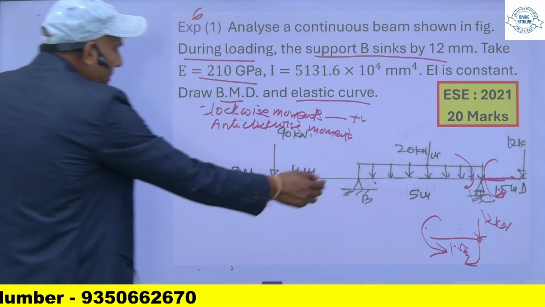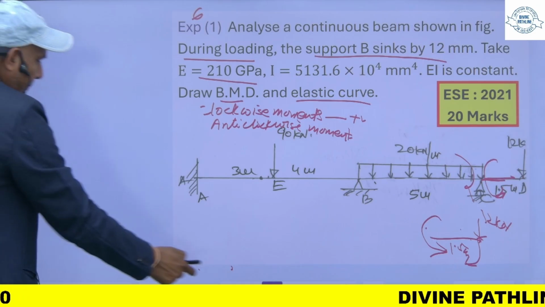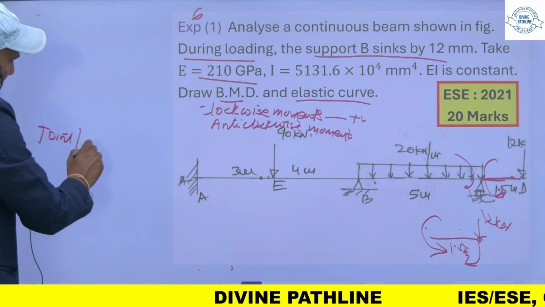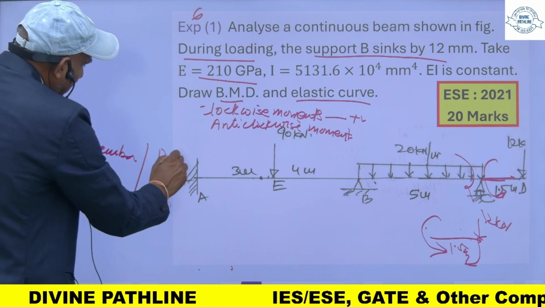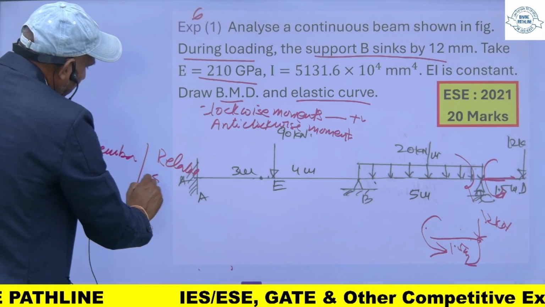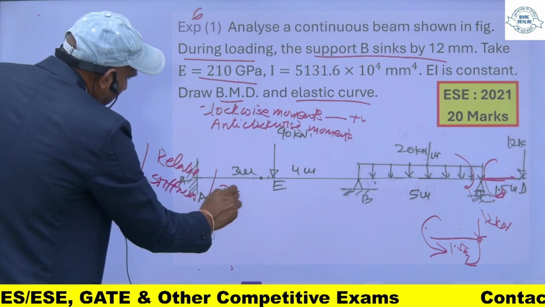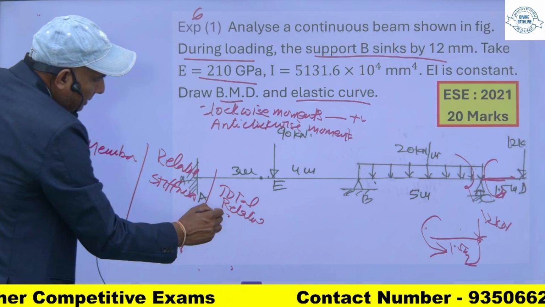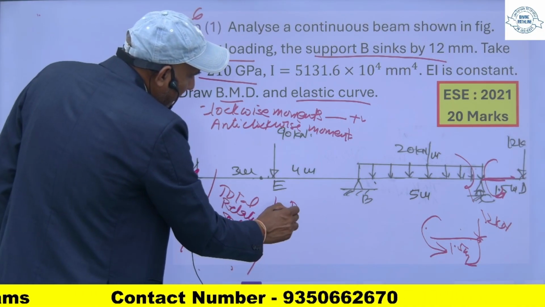I will make a table: joint, member, then relative stiffness, then total relative stiffness, and distribution factor.